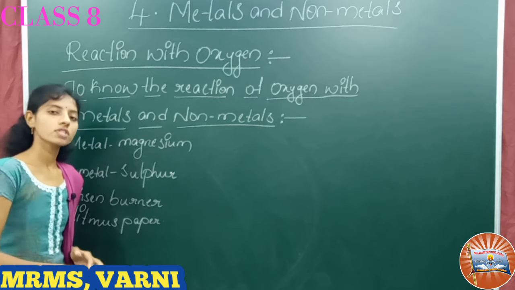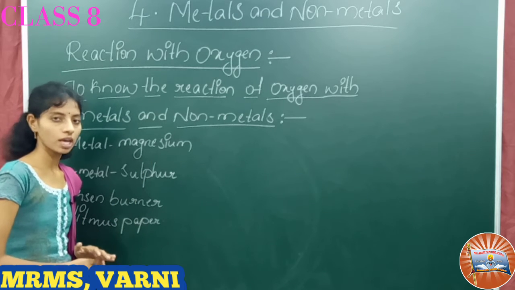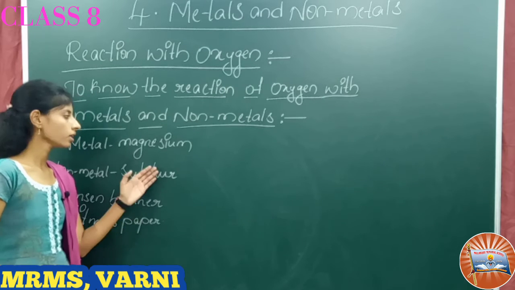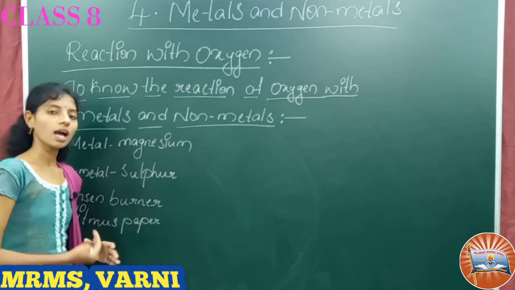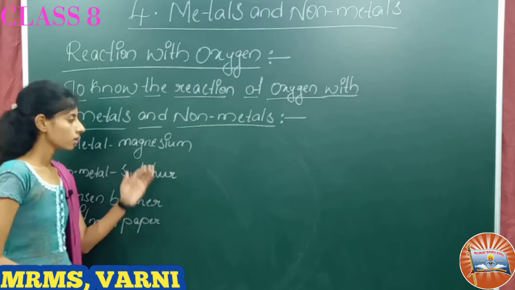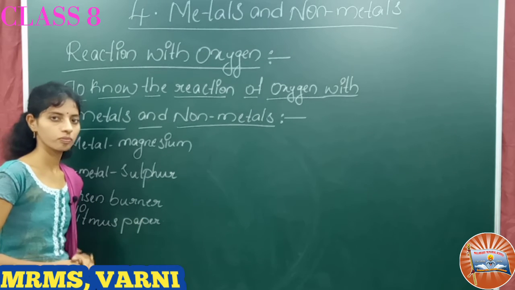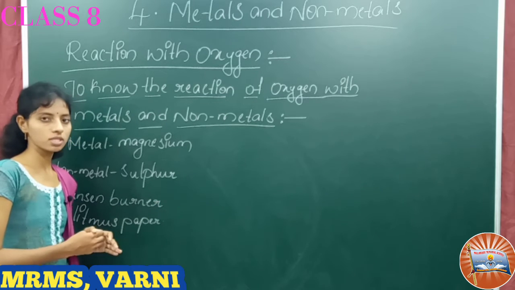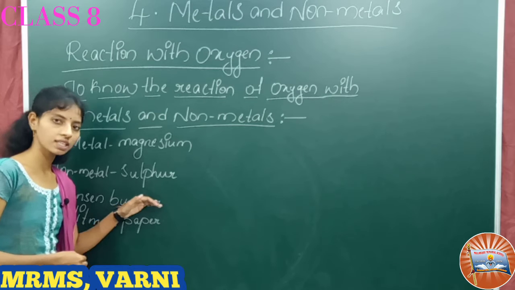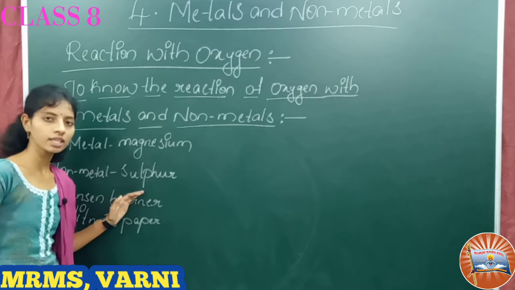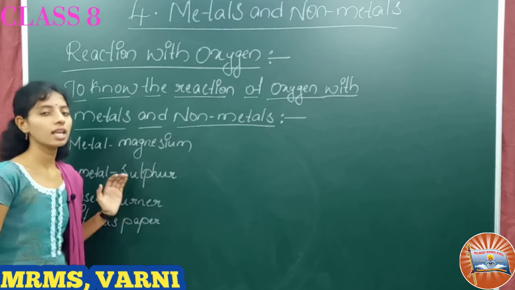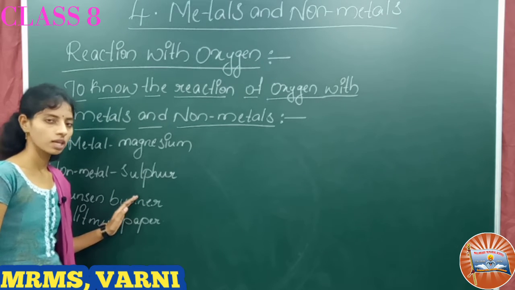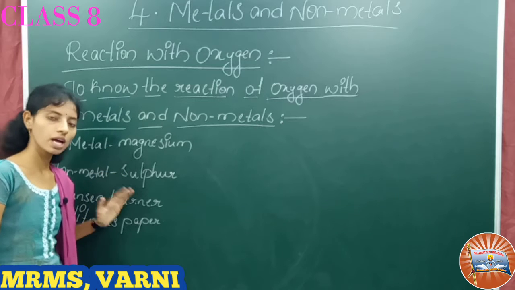We know magnesium is lustrous, sonorous, conducts heat and electricity, and is malleable and ductile in nature, right? But sulfur is not sonorous, non-malleable, not ductile, and does not conduct heat and electricity. These are the properties of magnesium and sulfur.